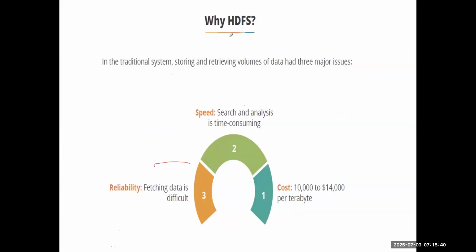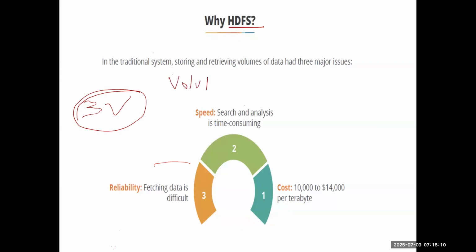So now, why did HDFS come? Basically we call it the 3 Vs: volume, velocity, and veracity. Volume: in today's world, on social media or YouTube or streaming, we are getting tons of data, multiple GBs or TBs.